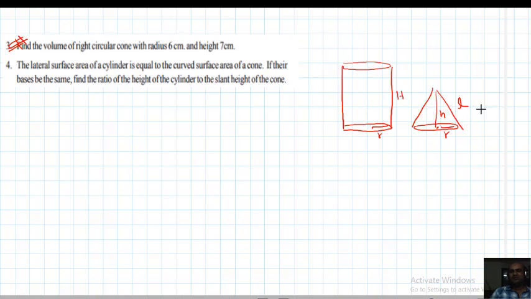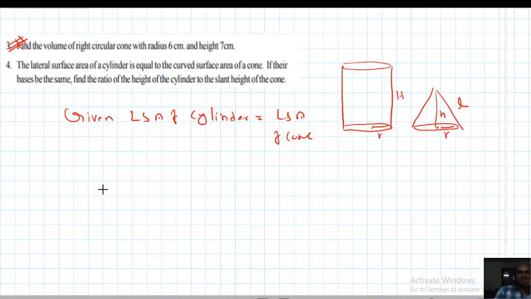So capital H is to L should be found now. What is given? The lateral surfaces are equal. So given LSA of cylinder equal to LSA of a cone.